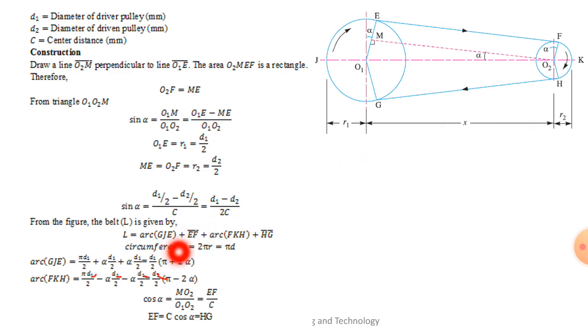Taking d2 divided by 2 outside, it is d2 divided by 2 into (pi minus 2 alpha). So that is the arc length FKH.